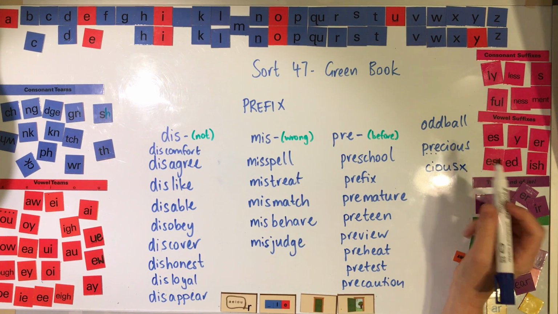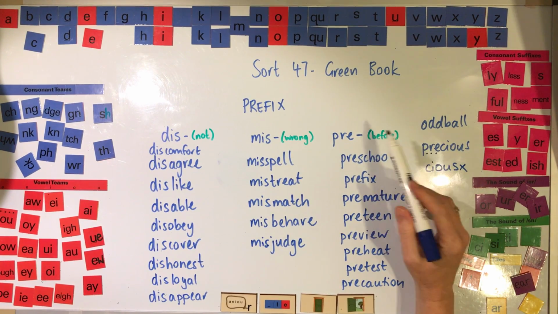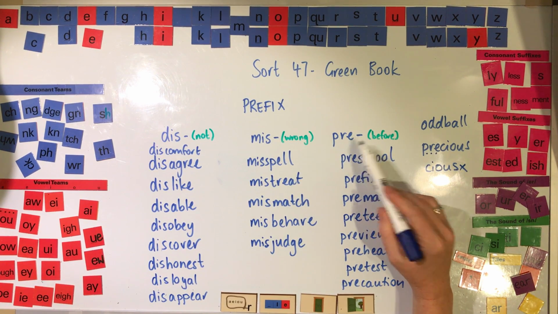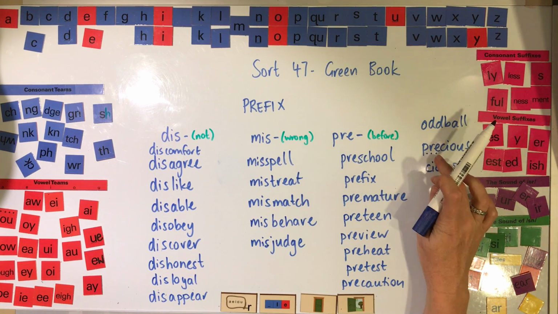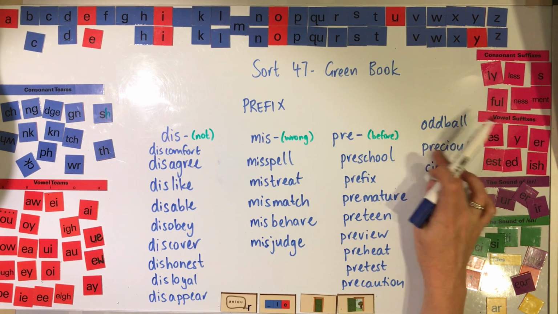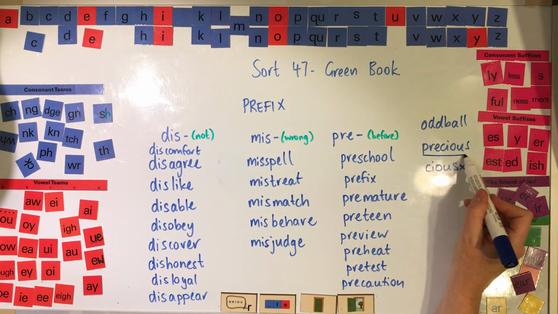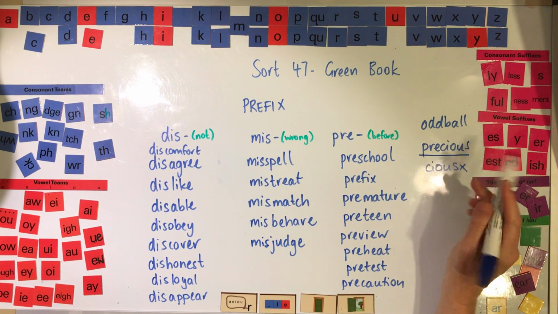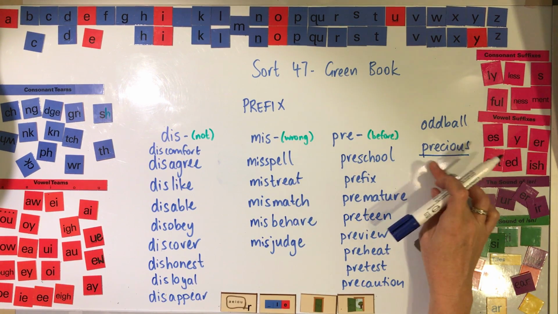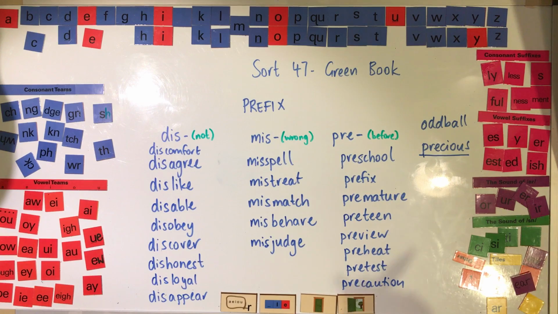No, it isn't. So that means even though those 3 letters are present as a prefix, it actually in this case is not functioning as a prefix. Precious is its own word as a whole word, and we need to include all of it there. Okay, so that's our one oddball word from that word sort.